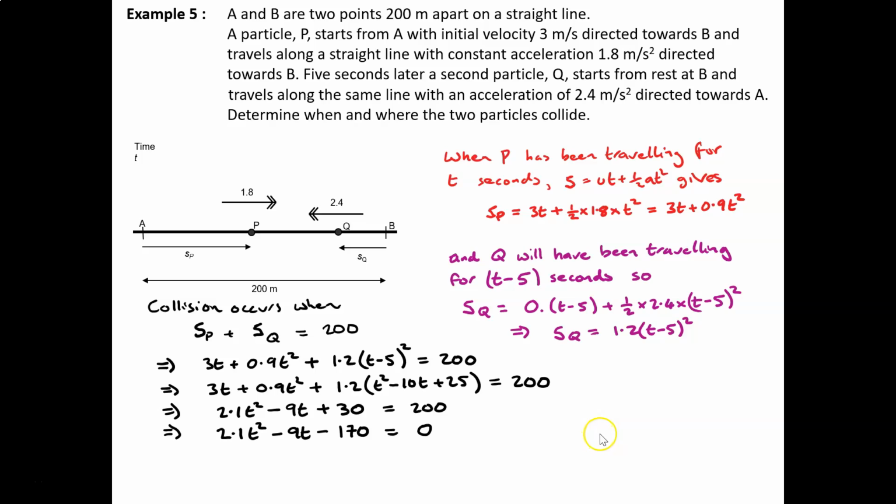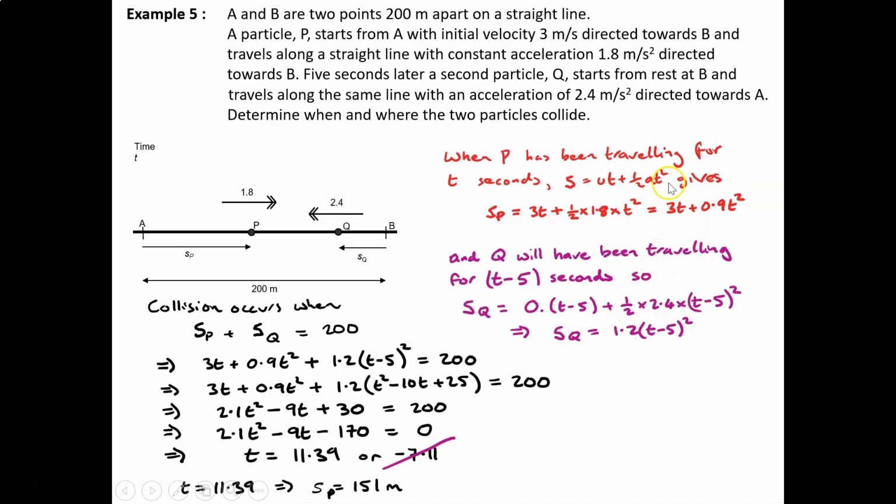Put it into your calculator and get values of t of 11.39 or minus 7.11. So we don't want a minus value. So t is 11.39. Where? So putting that value back into SP, displacement of P, you could have put it back into either.